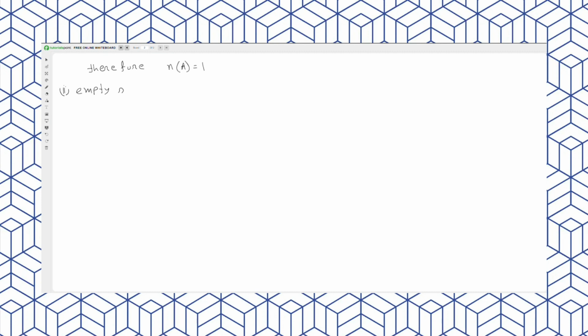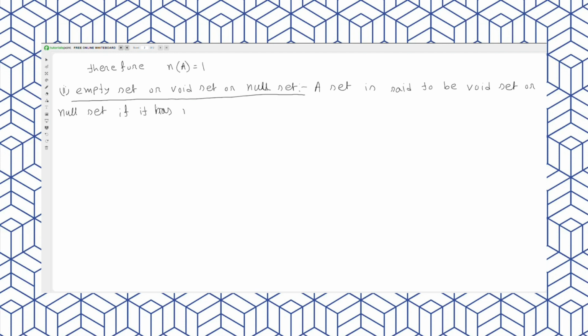Now another type of set, most important: the empty set or void set or null set. We all know what empty means. If a set has no elements in it, then it is called a void set or null set or empty set. It is denoted by phi, which is a Greek alphabet.